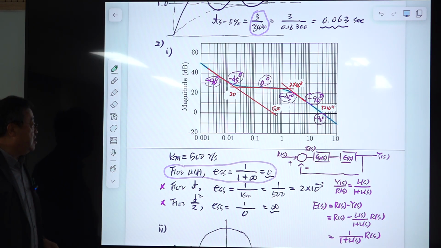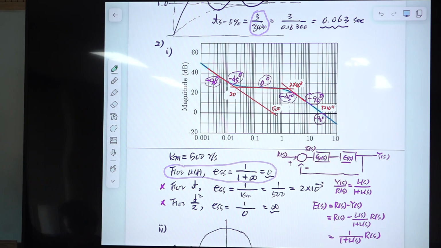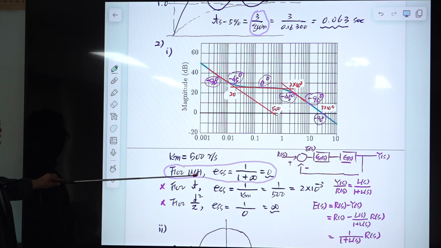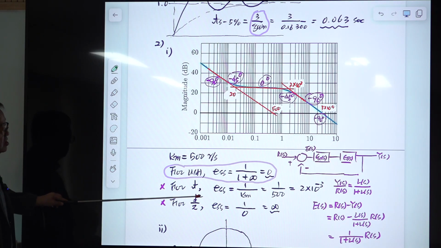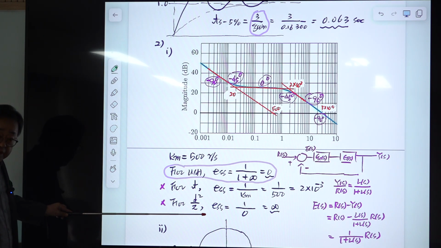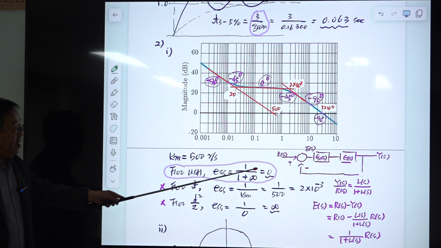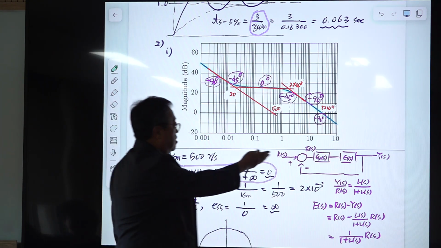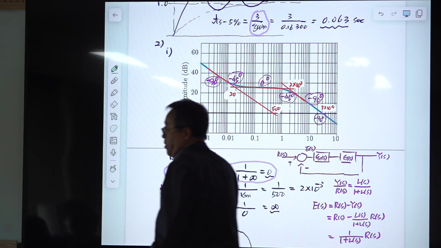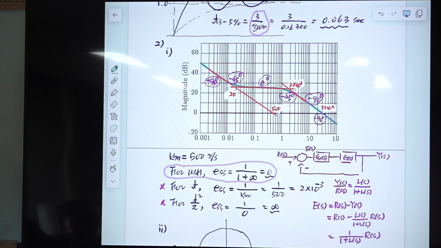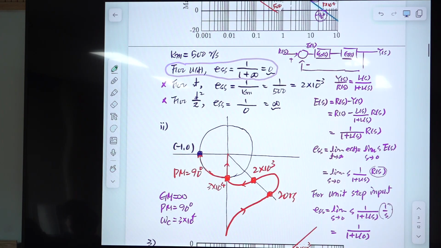And the first one is the steady state error, ESS, due to a unit step, ramp function, and parabola function. At that time I repeated this derivation of steady state error, so we skip this, and the final form is this one.